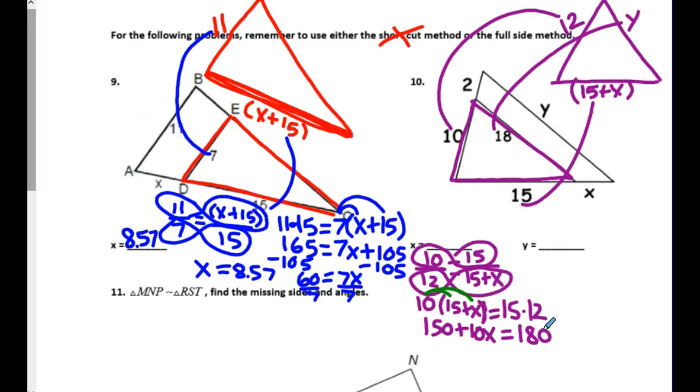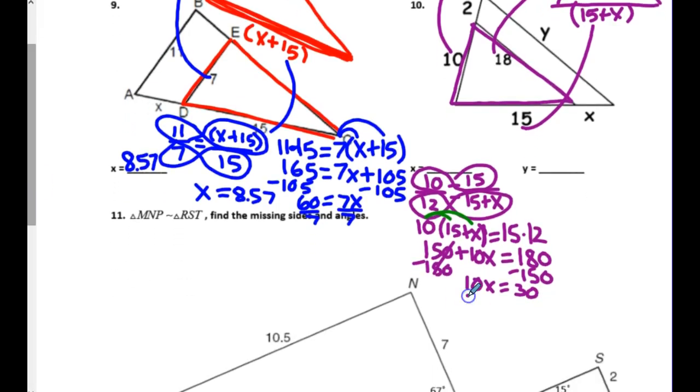Okay. X is on the left side, so I'm going to get rid of my loner, which is 150, minus 150, minus 150. 10x equals 30. And then, to get rid of that 10, I'm going to divide by 10. X equals 3.